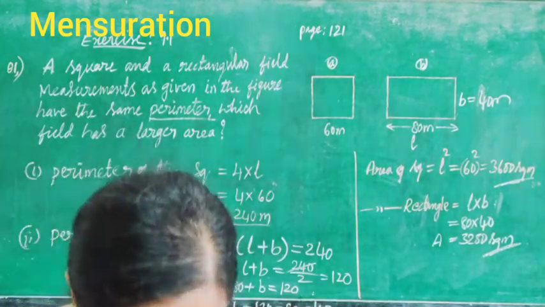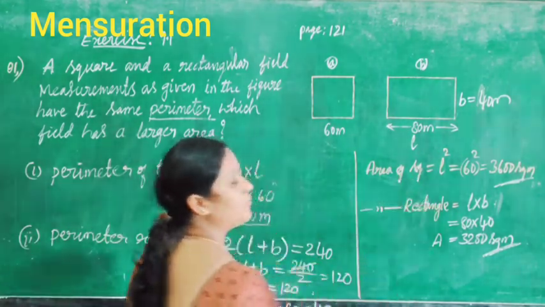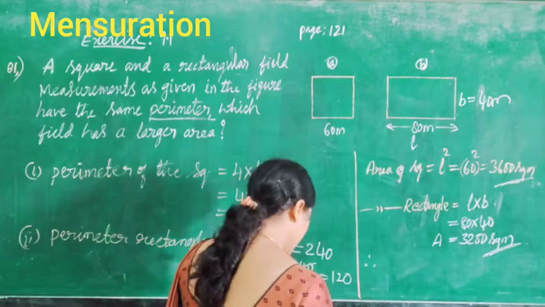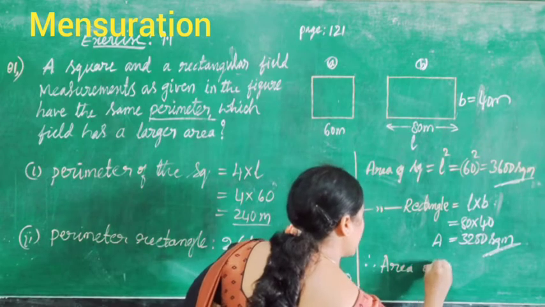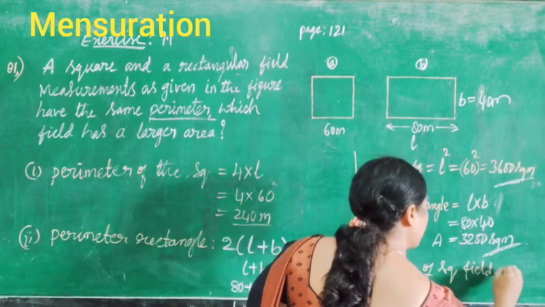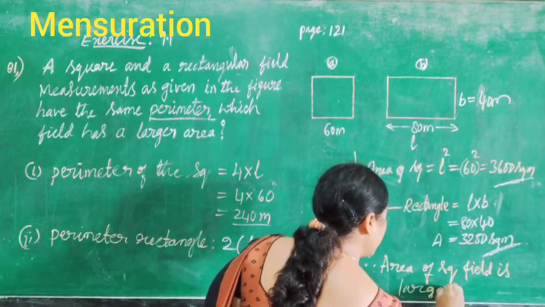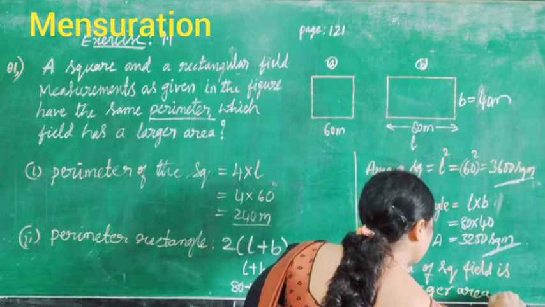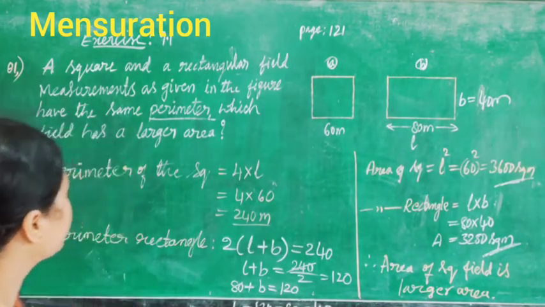So our answer is, you write: area of square field is larger. Okay. So this is our answer.